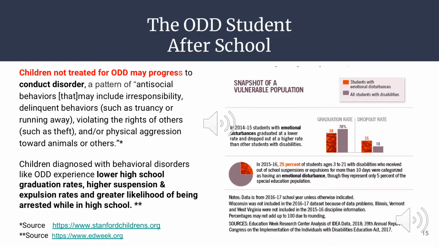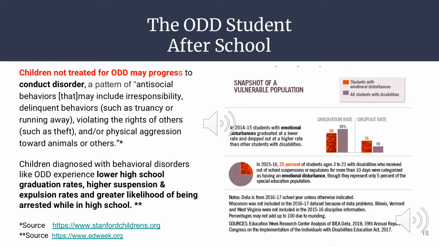But for many students with oppositional defiant disorder, their needs are not addressed and they progress to more serious behavioral disorders such as conduct disorder, where they are now experiencing antisocial behavior, including severe irresponsibility and poor choice and decision making, delinquent behaviors such as truancy and running away from home, violating the rights of others through theft, and physical or violent behavior towards animals and others.